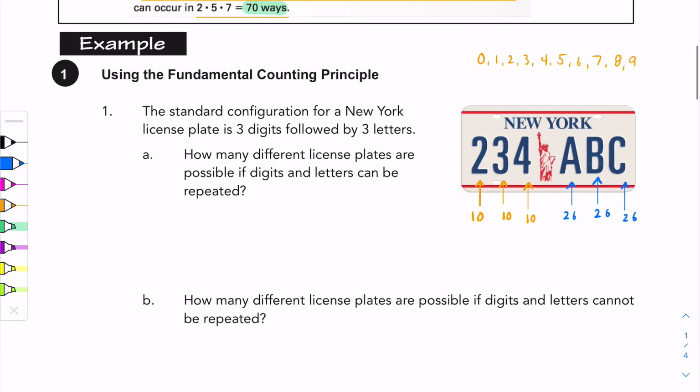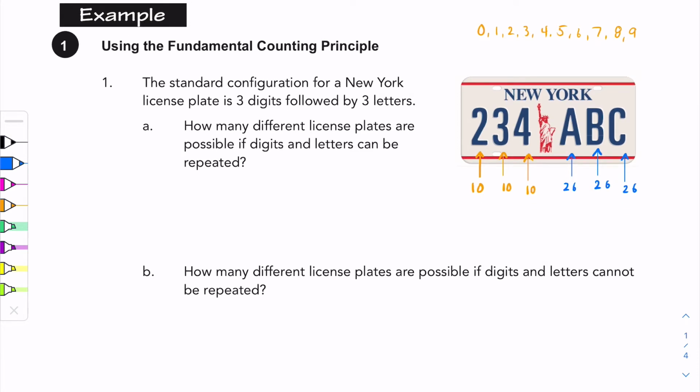In order to use the fundamental counting principle, you need to multiply all these possibilities together. So the first digit has 10 possible choices. The second is 10 possible choices. The third is also 10 possible choices.